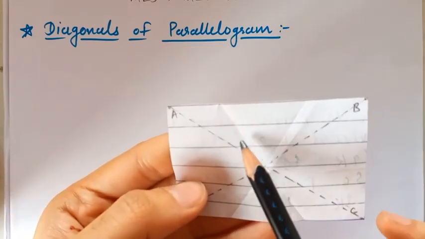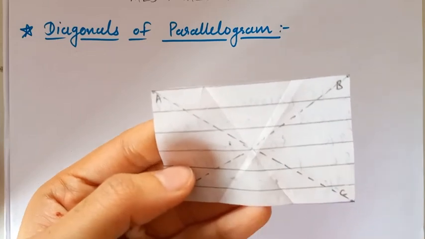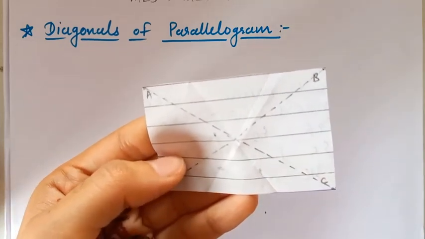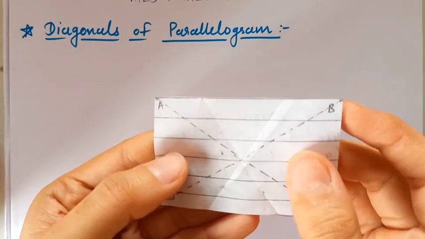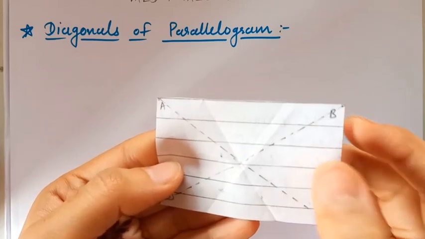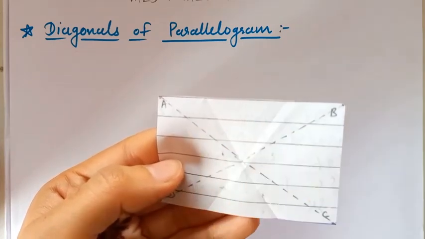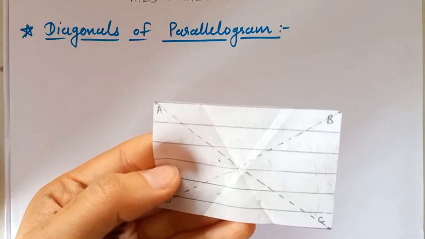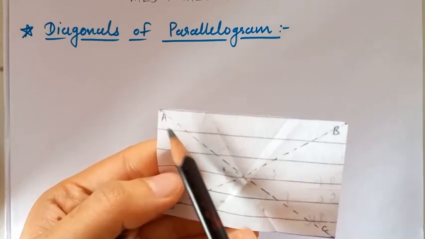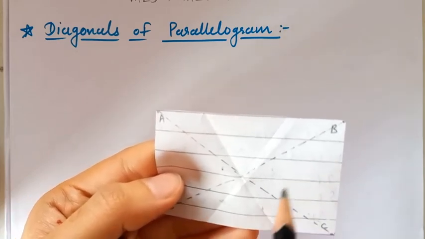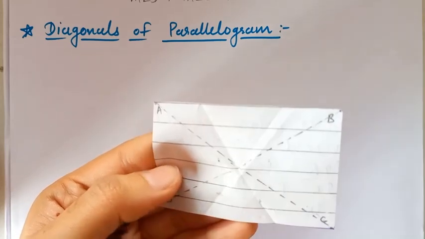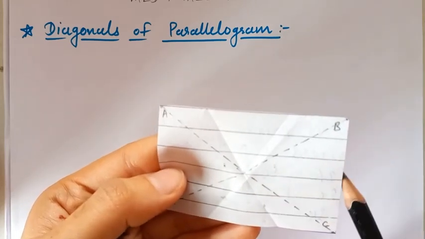You can see very clearly. So these two diagonals are crossing each other and bisect each other, because this is the midpoint of AC and the same point is the midpoint of DB.